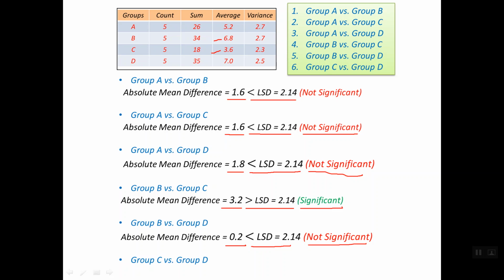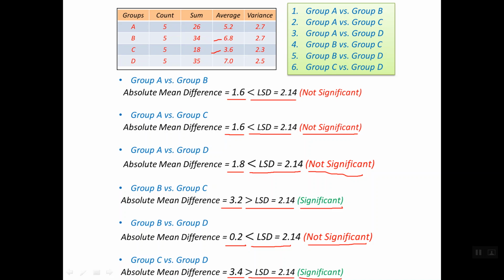And finally, let's check for the last pair, which is between group C and group D. We see that the absolute difference is equal to 3.4, which is greater than 2.14.